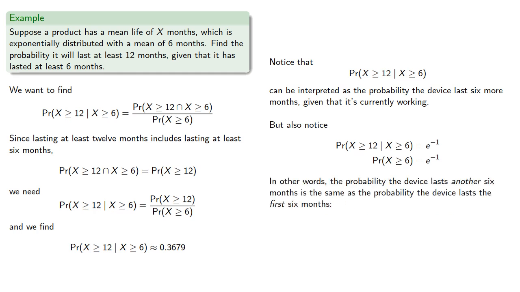In other words, the probability the device lasts another 6 months is the same as the probability the device lasts the first 6 months. The past history of the device is irrelevant. We'll take a closer look at this next because it leads to an important feature of the exponential distribution.